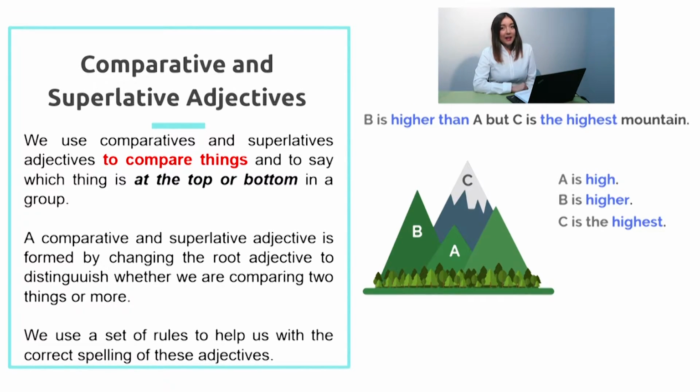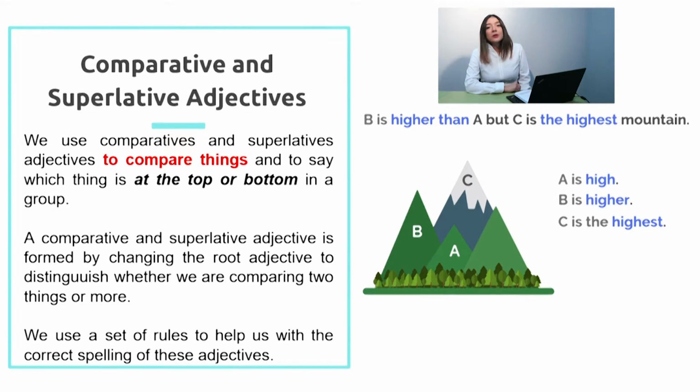As we can see in our picture, B is higher than A, but C is the highest mountain. We are comparing A, B, and C in terms of height of the mountains.